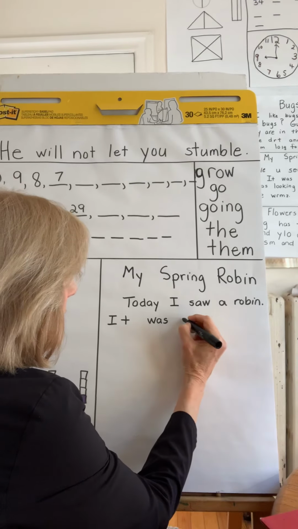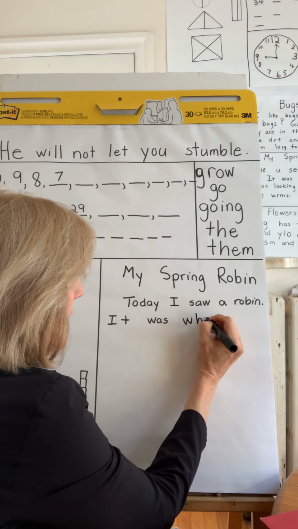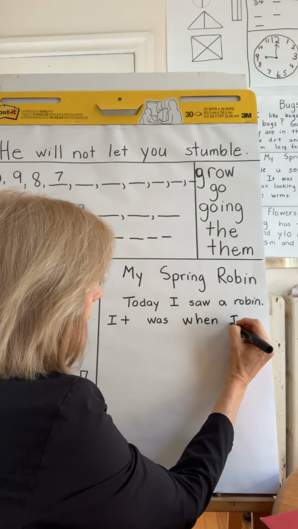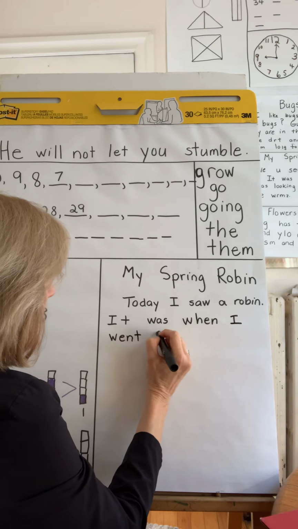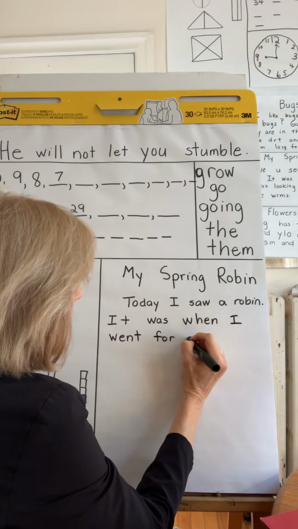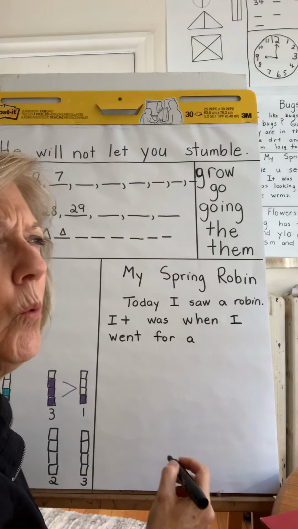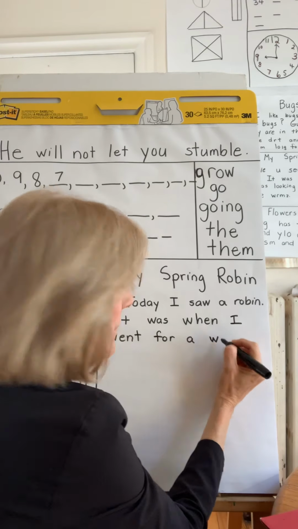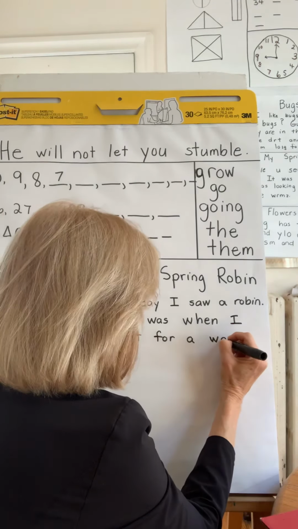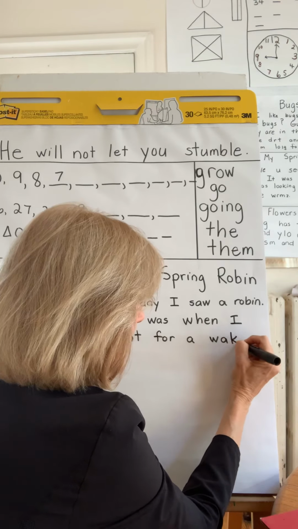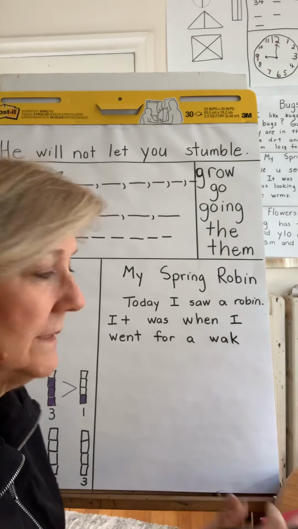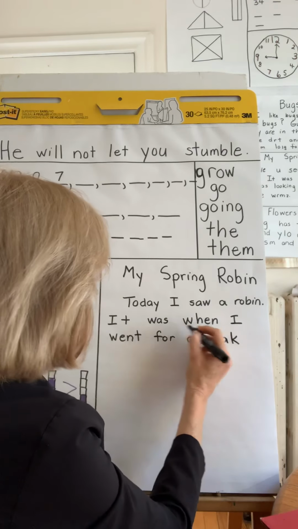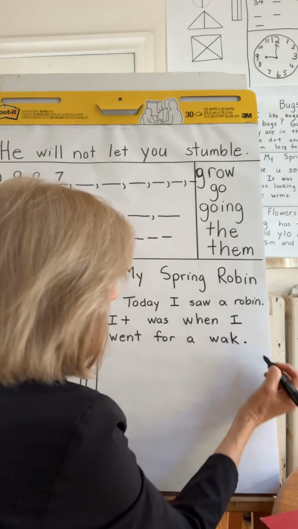It was when I went for a walk. Now you might be able to spell walk and you might miss it. And if you can't spell it, write what you think and get your ideas down on the paper. It was when I went for a walk.